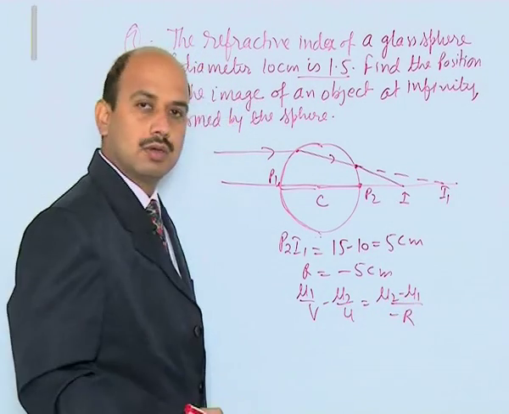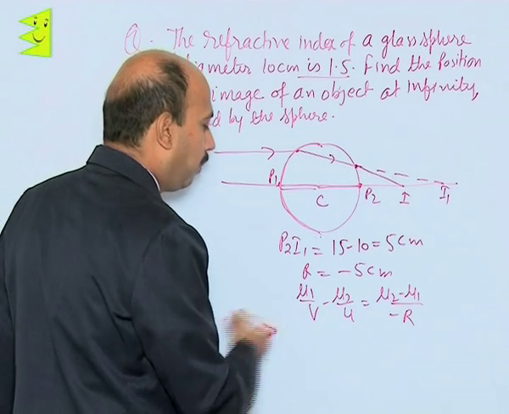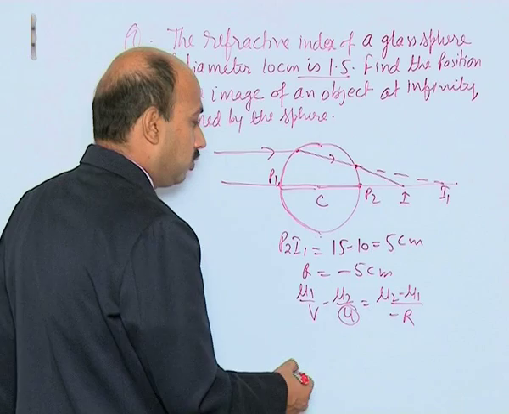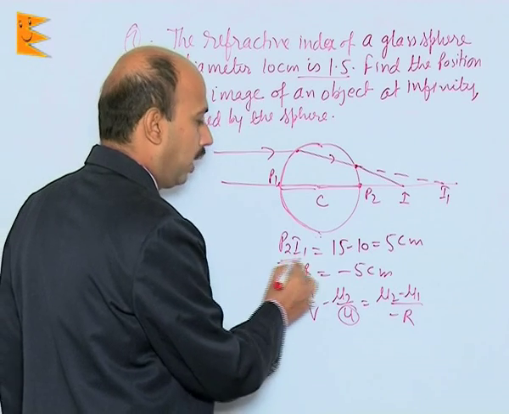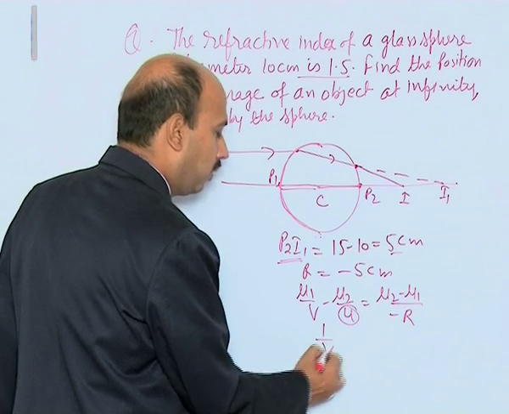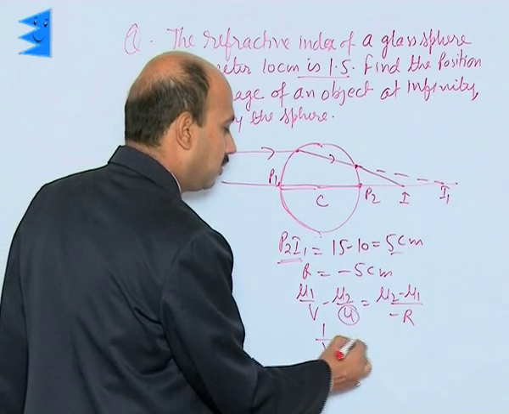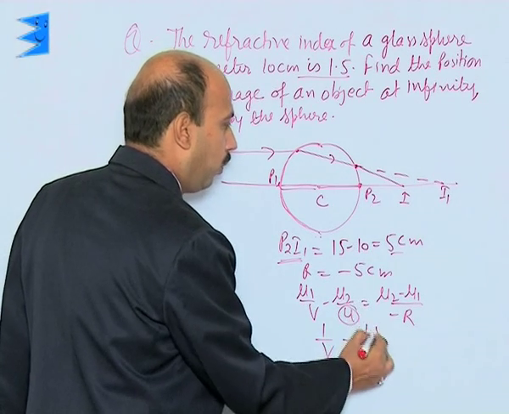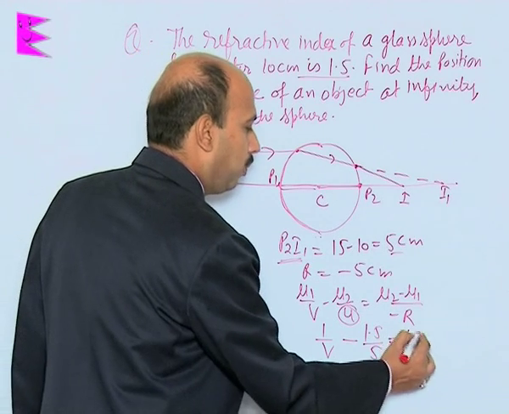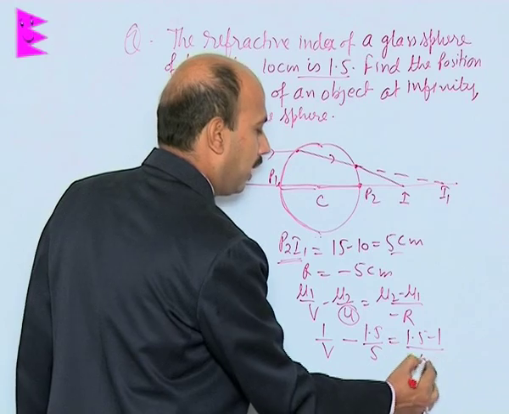Here mu1 upon V, this is equal to the V1. So, here P2I1 is 5 centimeter. So, we can write 1 upon V minus 1.5 upon 5 is equal to 1.5 minus 1 upon minus 5.